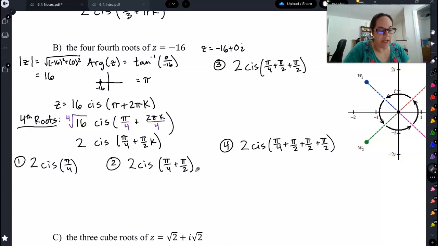So as you can see in each one, I added one more pi halves until I got to my 4 fourth root answers.